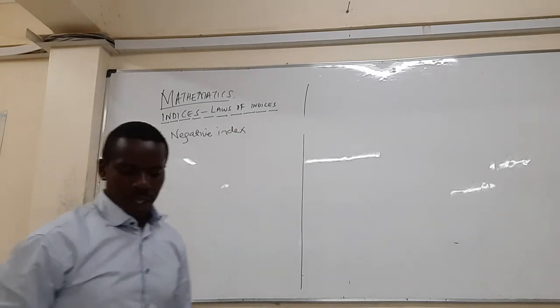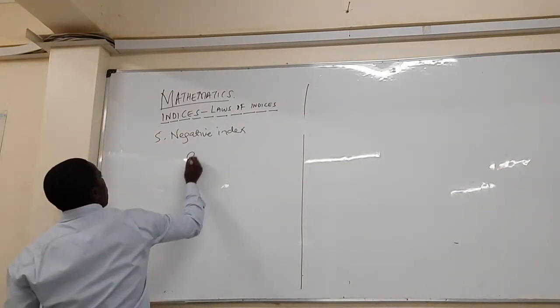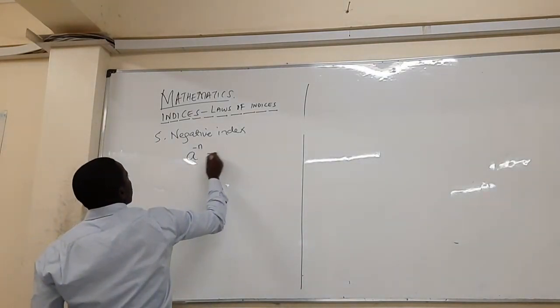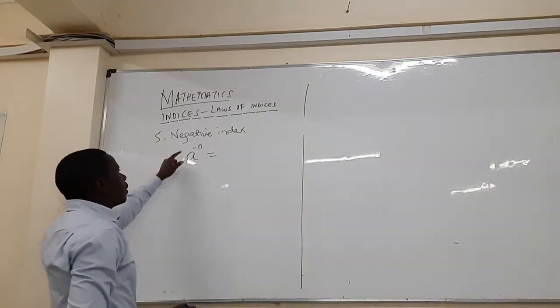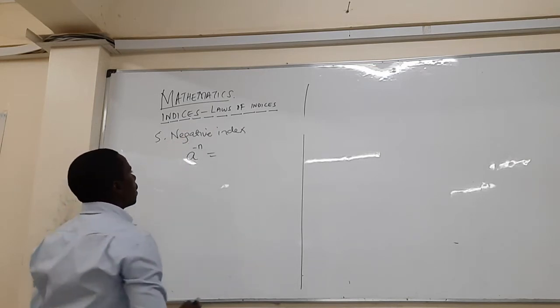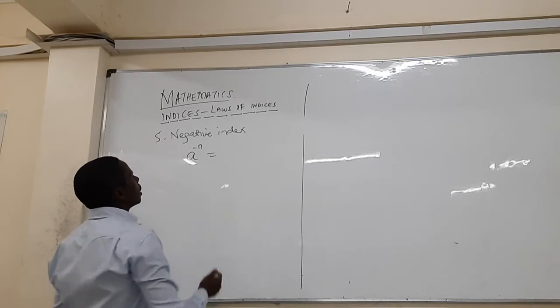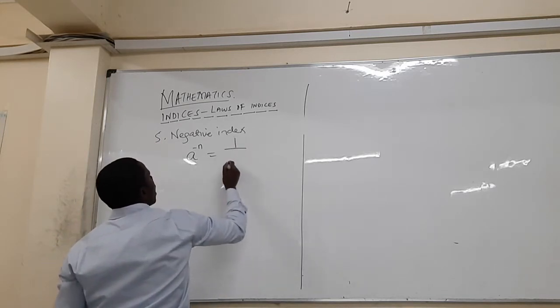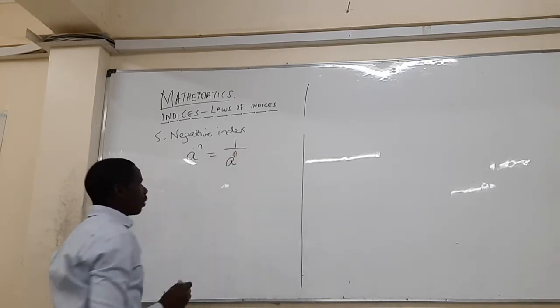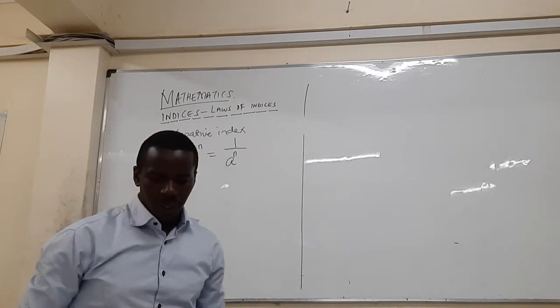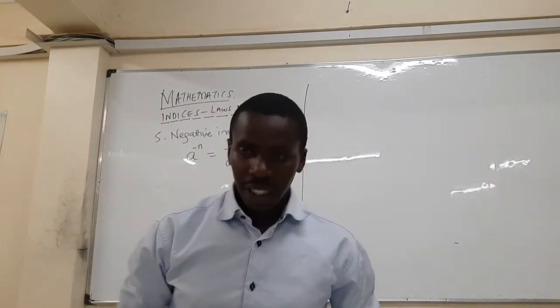So a power negative n. When we have the power being negative, this is the same as the reciprocal of that number. So this is the same as 1 over a power positive n. So that is the negative index.